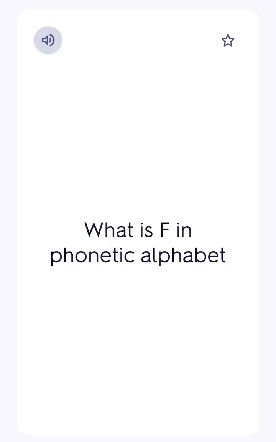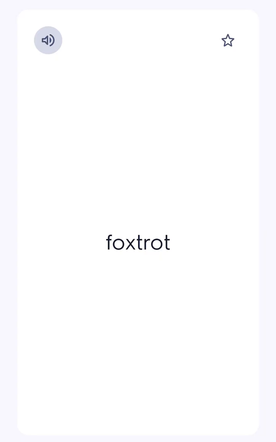What is F in phonetic alphabet? Foxtrot.